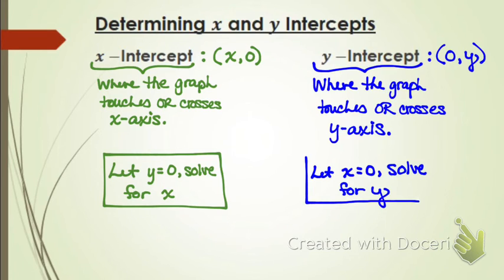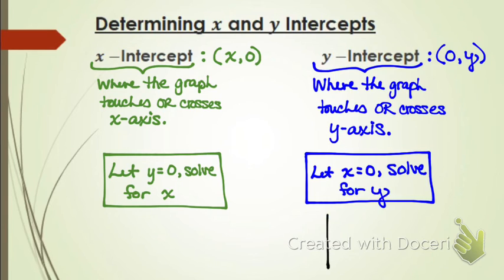Be careful before you answer this question. Is it possible for a graph to have more than one y-intercept? It is not possible for a function to have more than one y-intercept, but it is possible for a graph to have more than one y-intercept.